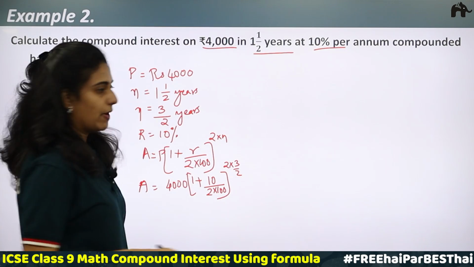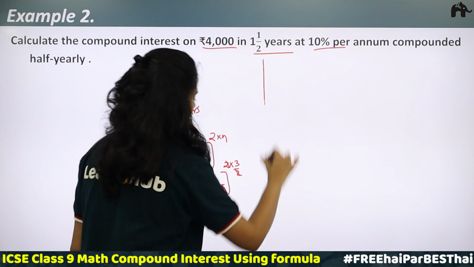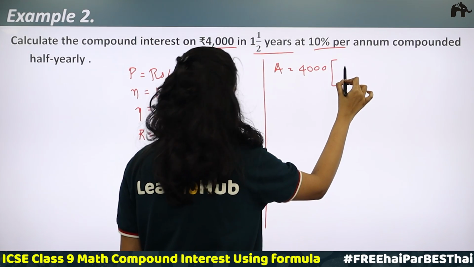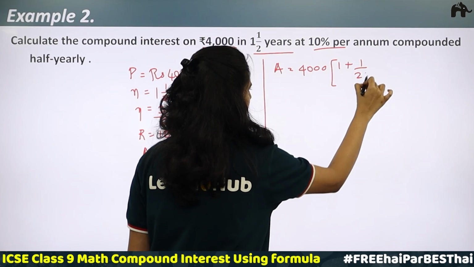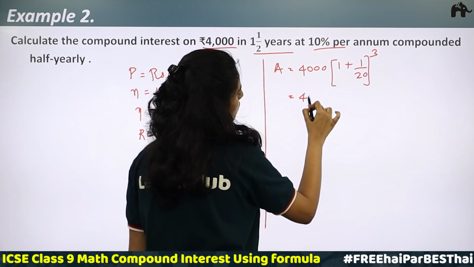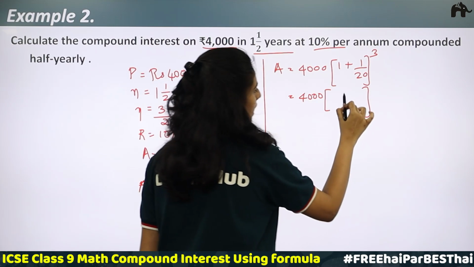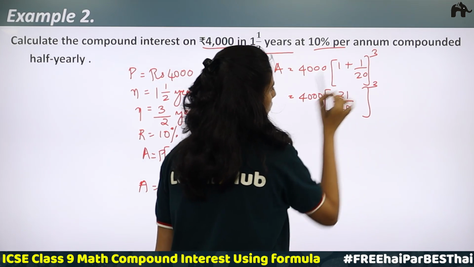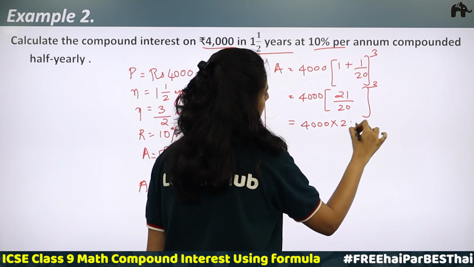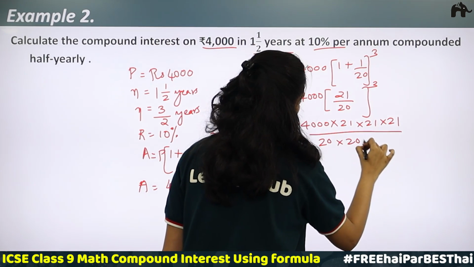N is equal to 3 by 2. Here this 2 and this 2 can be cancelled. Zeros can be cancelled. Then you will be having amount is equal to 4,000 into 1 plus 1 divided by 20 whole cube, which is 4,000 into 20 plus 1, 21 divided by 20 whole cube, that is 4,000 into 21 into 21 into 21 divided by 20 into 20 into 20.